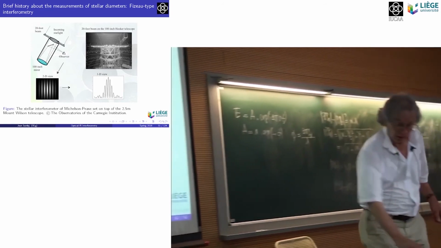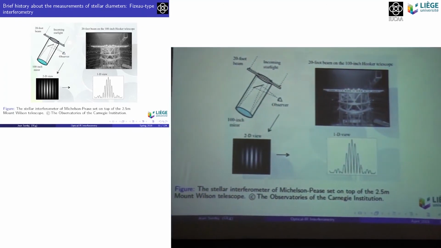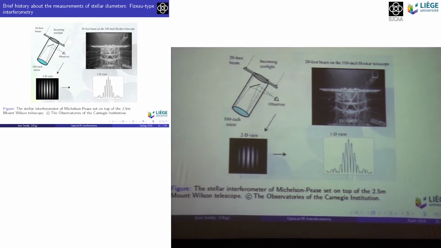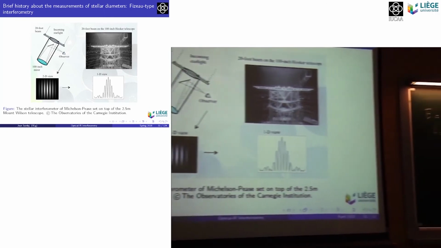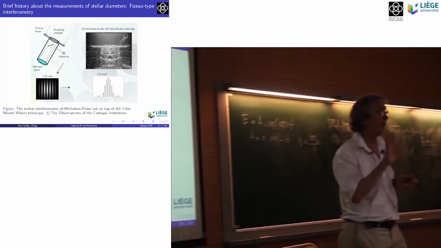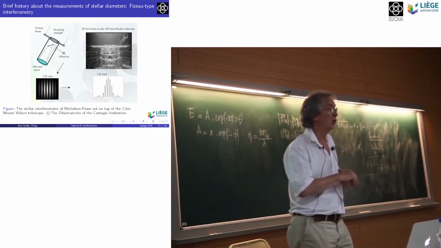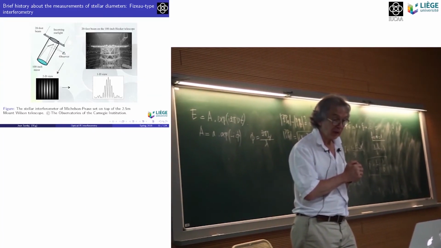Now maybe what I would just add is that Anderson, one of their collaborators, used the same experiment to resolve many spectroscopic binaries. Michelson and Pease themselves could resolve 5 diameters of stars, so there were 4 more stars that they have been able to resolve.